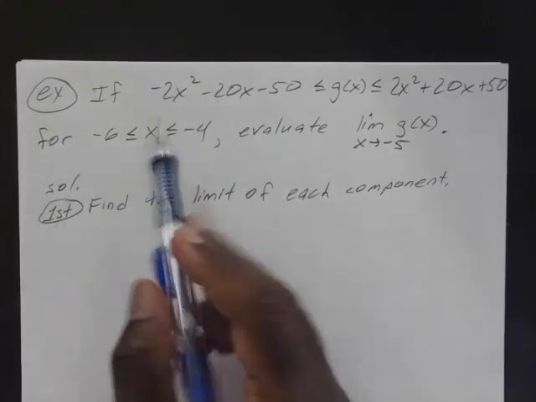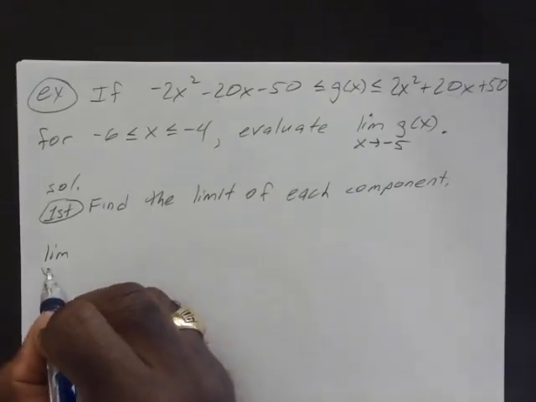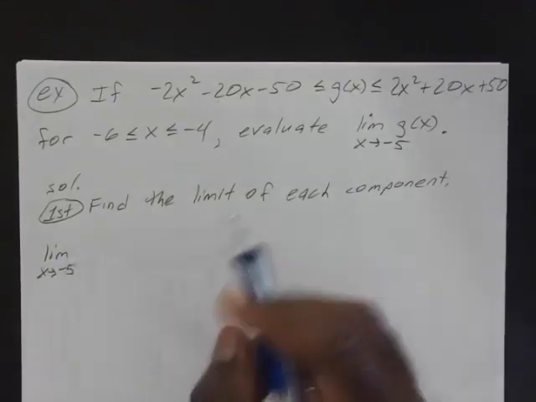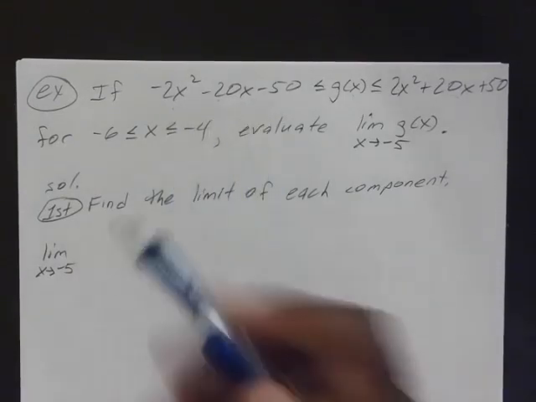So that gives us the limit as x approaches -5 of -2x squared minus 20x minus 50.